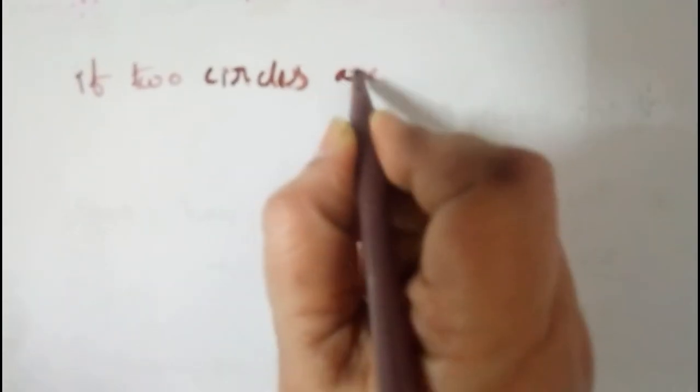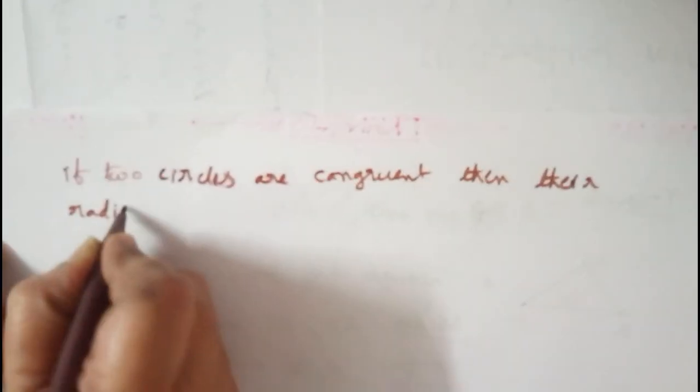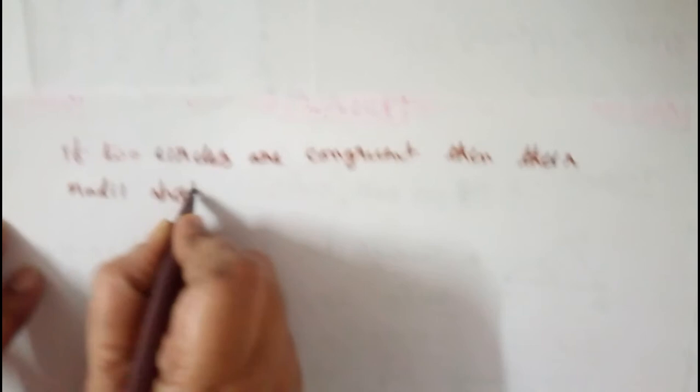If two circles are congruent, then their radii should be equal.